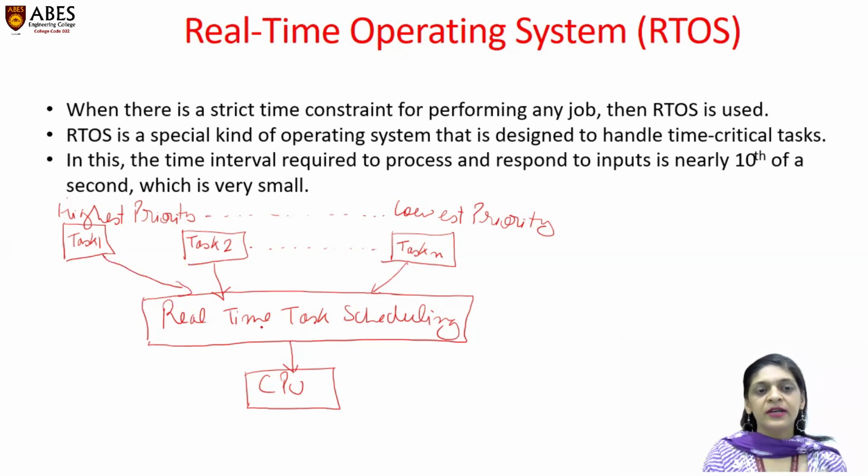The scheduler takes that task with the highest priority and gives it to the CPU for execution. So according to the priorities, first of all we take the highest priority task, then the next highest priority task, and so on. Then we move towards the lowest priority task. It is all handled by the scheduling algorithms, and then the CPU executes all the processes one by one. So this is the diagrammatic view of the real-time operating system.